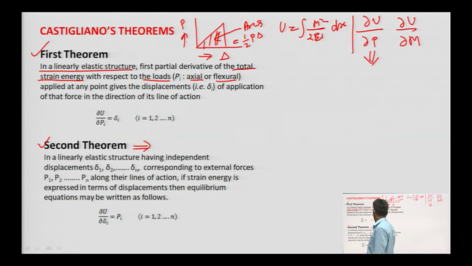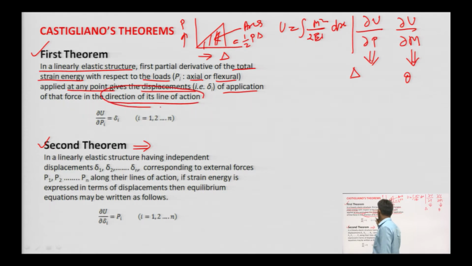So, the first partial derivative of the total strain energy with respect to the load applied at any point gives the displacement. The value of this derivative is the displacement. In case of axial, this will be the displacement delta, and in the flexural case it is the slope. It is the displacement of the point of application of that force in the direction of its line of action.